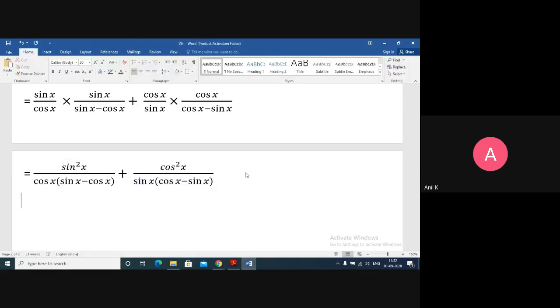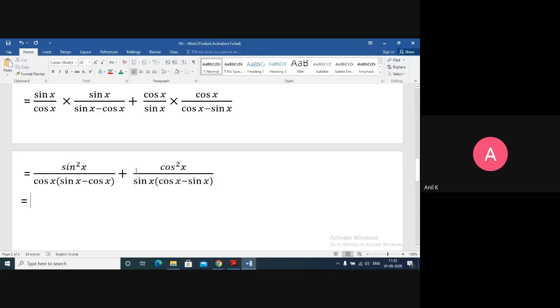Now here a little bit of trick will come. You see here I have sin x minus cos x, but here you have cos x minus sin x. If I want to make them the same, what is the difference between these two terms? This is sin minus cos and this is cos minus sin. The terms are the same, but only the sign is different. Here you have minus cos x, here you have plus cos x, and here you have plus sin x, and here you have minus sin x.